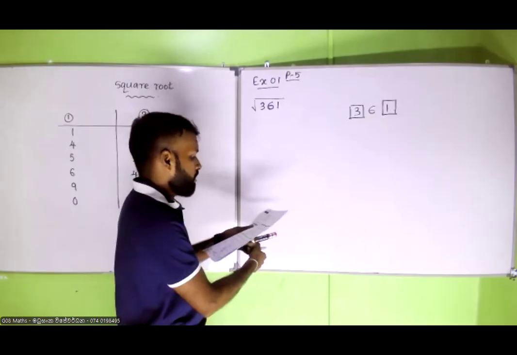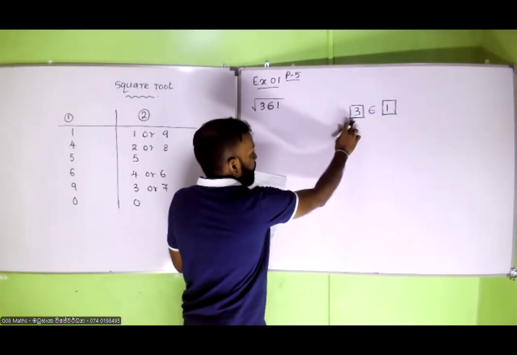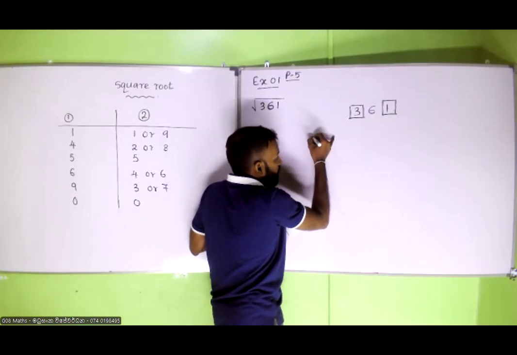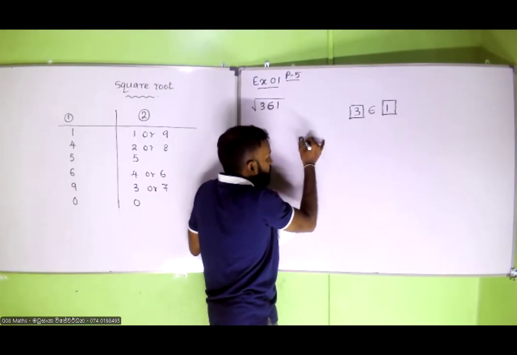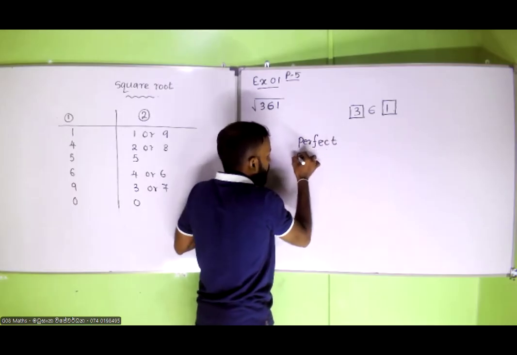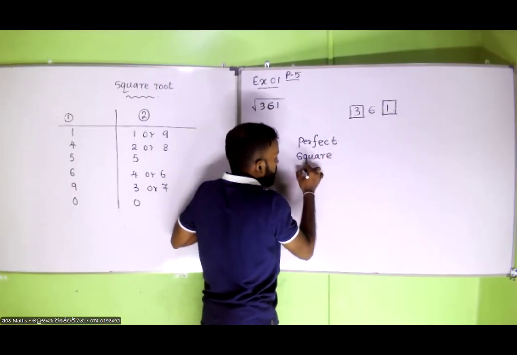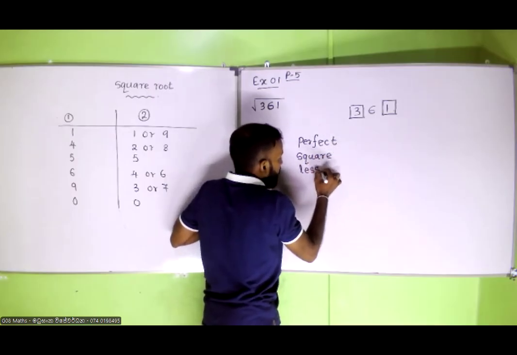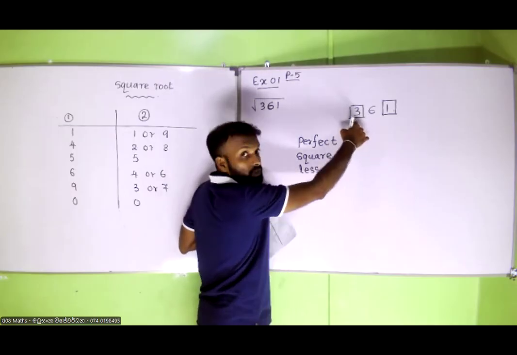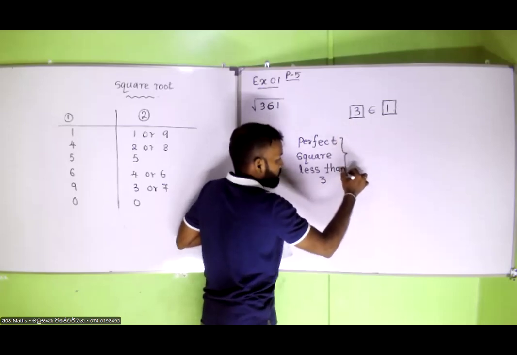Now here we have 3. I am going to write here the perfect square less than this number, less than 3. Can anyone tell me what is the perfect square less than 3?